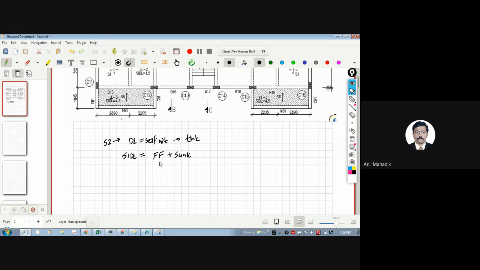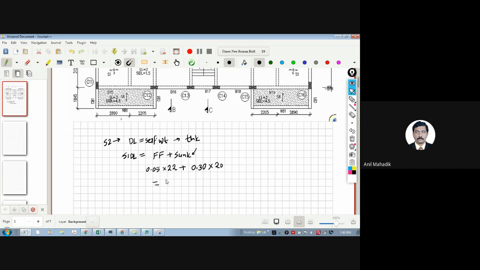If we assume floor finish 0.05, that is 50 mm, into density, we can consider floor finish maybe 22 something. And sunk depends on the thickness of the sunk. Let's say thickness of the sunk is 0.3 meters, into, we generally put the brick bat into that, so it will be 20.